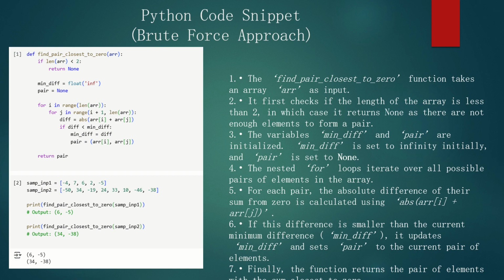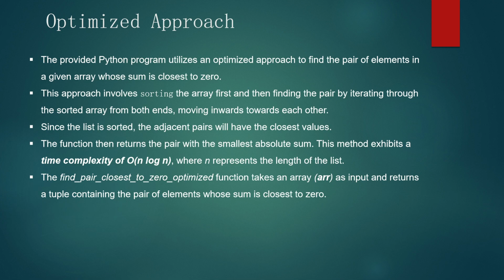If the difference is smaller than the current minimum difference, it updates minimum difference and sets pair to the current pair of elements. Finally, the function returns the pair of elements with the sum closest to 0.